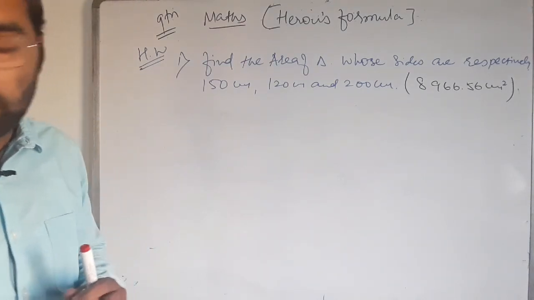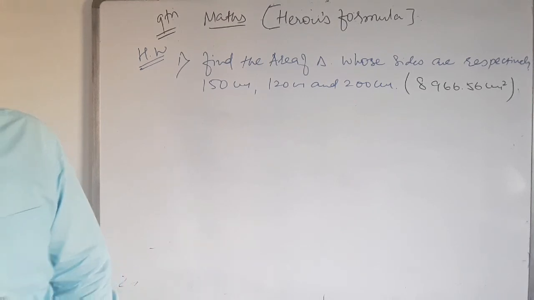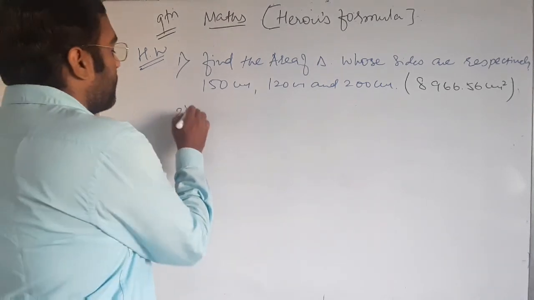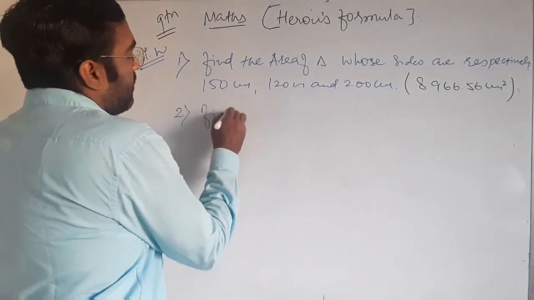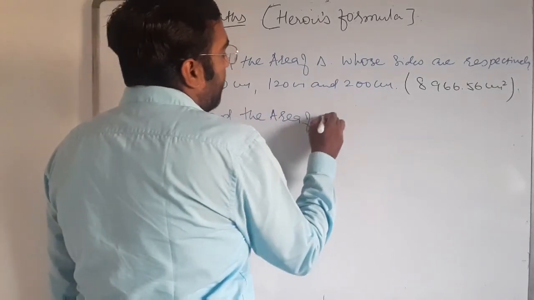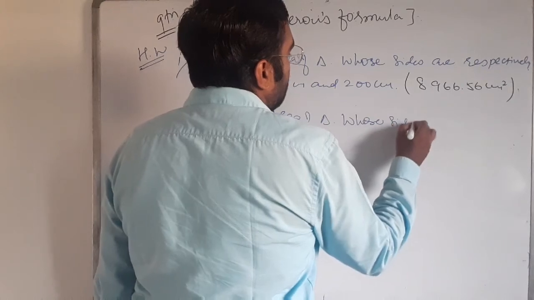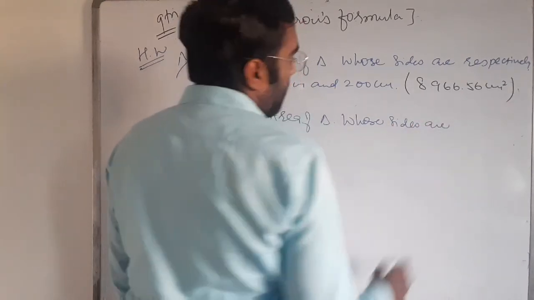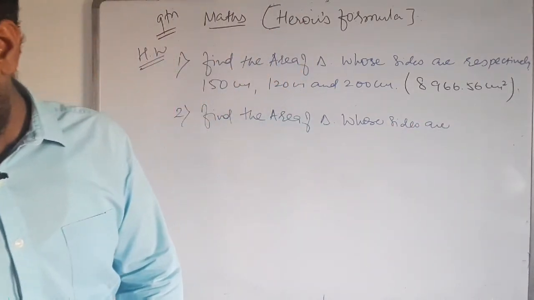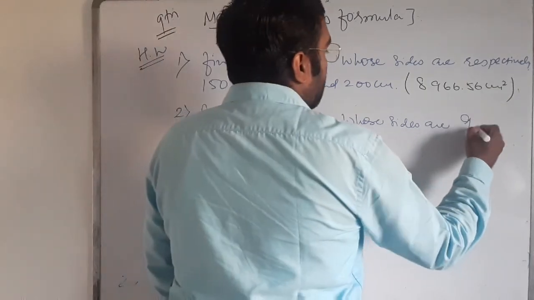Second question: find the area of the triangle whose sides are 9 centimeter, 12 centimeter and 15 centimeter.